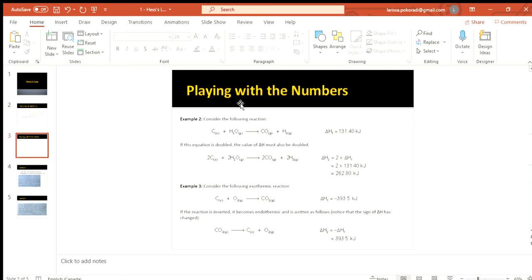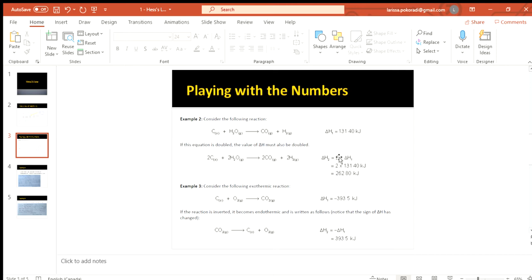So a few different basics before we play with Hess's law ourselves. Here's one reaction. It might be on that appendix that we're given. And here's the enthalpy change for it. If I were to double this reaction, so instead of just reacting 1 carbon and 1 water, I'm reacting 2 of each and forming 2 of the products, I also have to double my enthalpy.